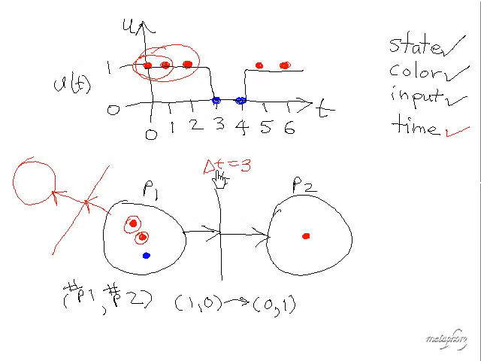We add delta t equals 3 to 1, and that means at time 4 this one goes through the transition and ends up over in P2. So all this is the delaying mechanism. It just means that tokens that appear over here make their way through this transition over to here 3 time units later than when they were deposited over in P1.